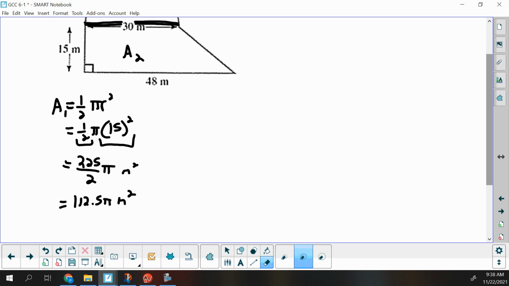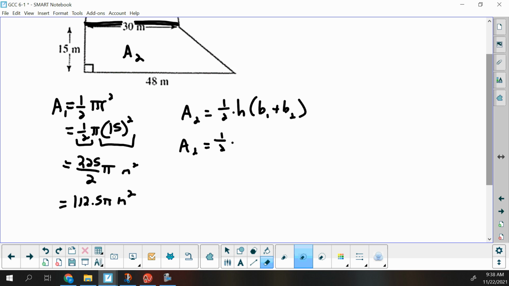Well, now for our area 2, we've got to do our trapezoid. Trapezoid is 1/2 times height times base 1 plus base 2. So we'll have 1/2. Our height is the straight up and down height, which was the 15.